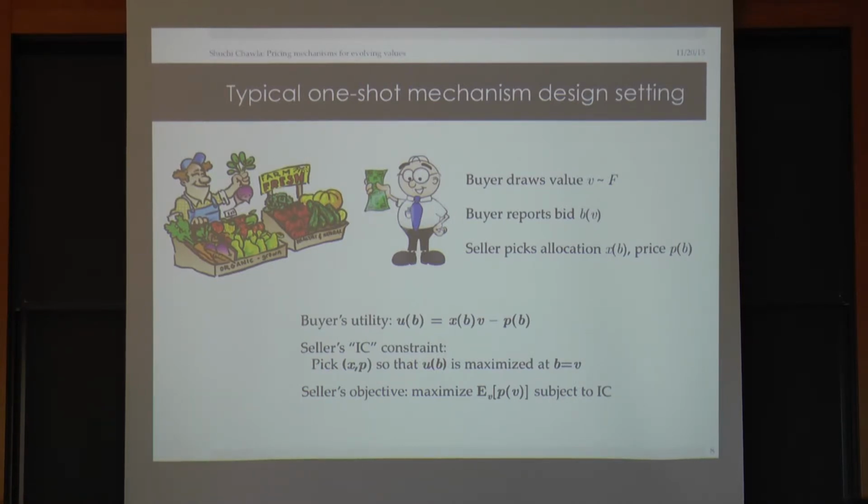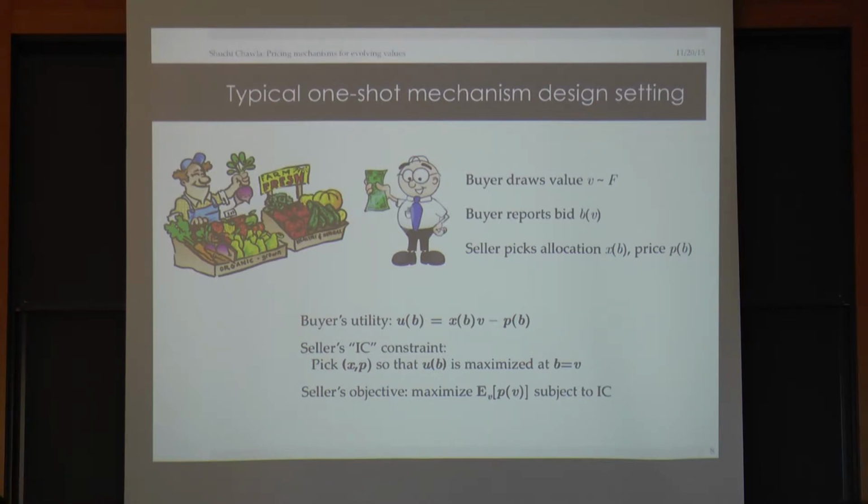But the buyer, if he was truly willing to pay the $5, knowing that the seller is going to charge him whatever he says, is going to shade his value a little bit, and would instead say, I'm going to pay $1 for this fruit. So by ignoring this constraint, the buyer would not be truthfully reporting his value, and therefore the seller would not be making as much revenue as he thinks he might be making if the buyer were to report truthfully.